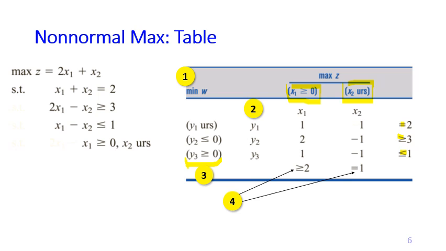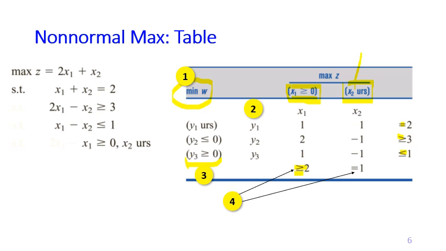Those signs come from the fact that x1 is a normal variable. It is normal because the sign is greater than or equal to 0. As a result, the constraint sign in the dual is also normal. For the minimization case, which is our dual, the sign of a normal constraint is greater than or equal to. x2 in the primal is a URS variable.